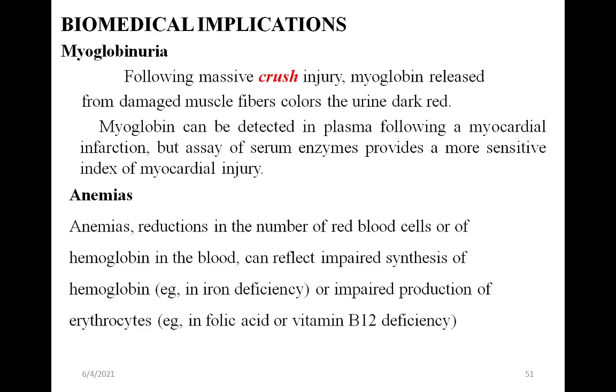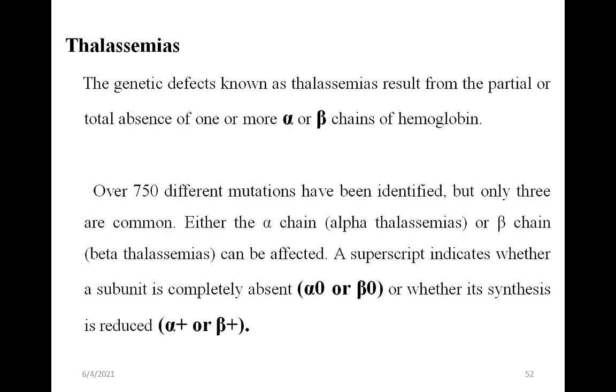But in thalassemia, the amount is less. Otherwise, quality is okay. Normal beta chain and normal alpha chain, but the amount is less. That is a quantitative hemoglobinopathy, thalassemia.